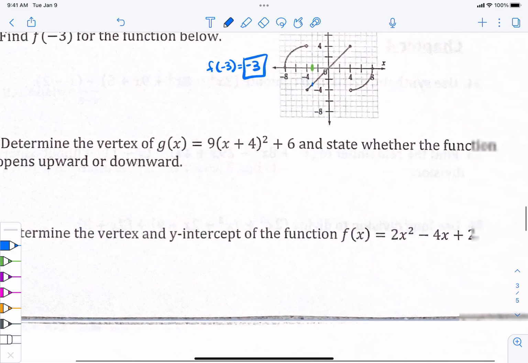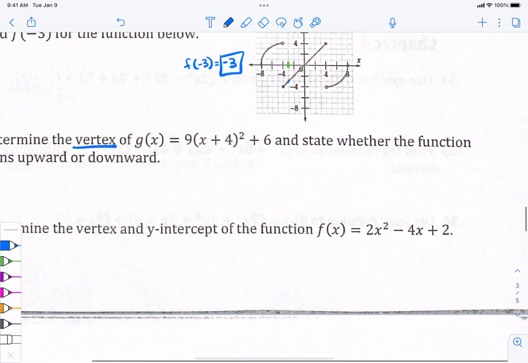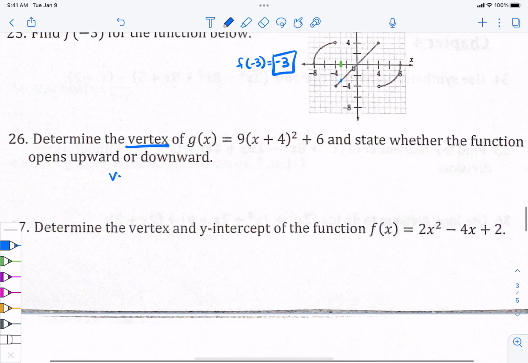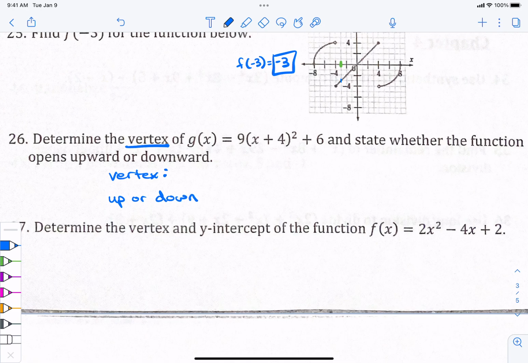Okay, determine the vertex. When they ask you bunches of questions all in one, I write my stuff down. So determine the vertex, plug in 0 for x, and state whether it opens up or down. So I'm going to write both of those things down so that I don't forget to do one, because then points get deducted and that's not good. Okay?